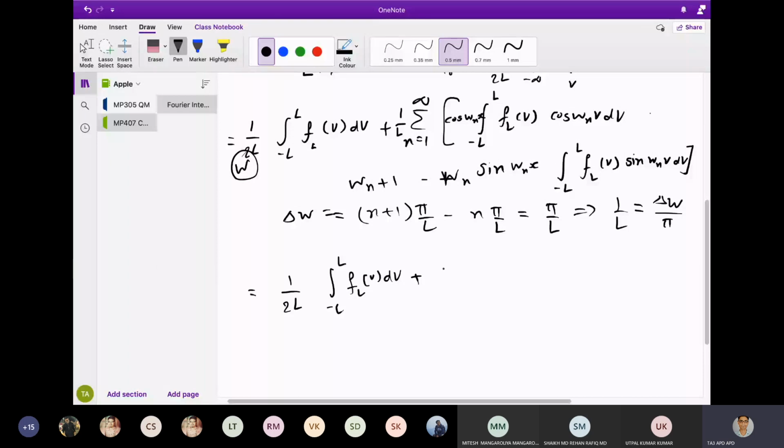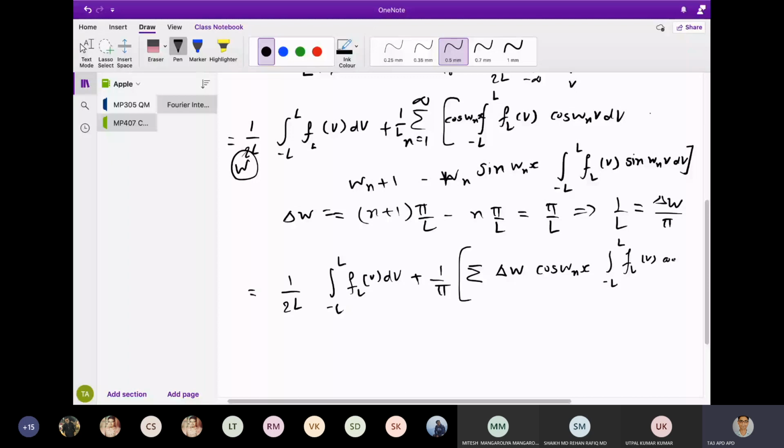Because at the moment we have not yet replaced this summation, it is still the summation. So inside the summation, this is going to be delta w, summation of delta w into cos(wn x), and this whole term will remain as it is, integral from minus L to L of f_L(v) cos.